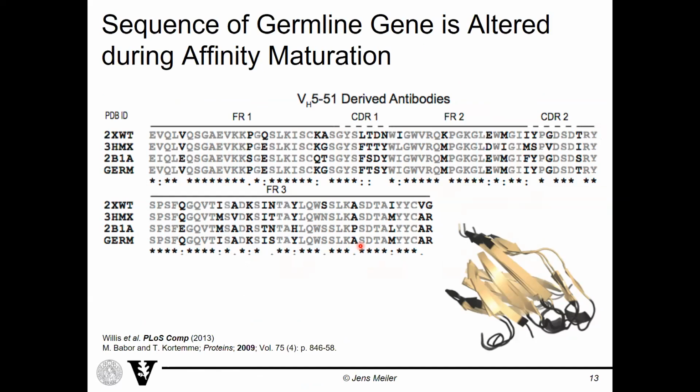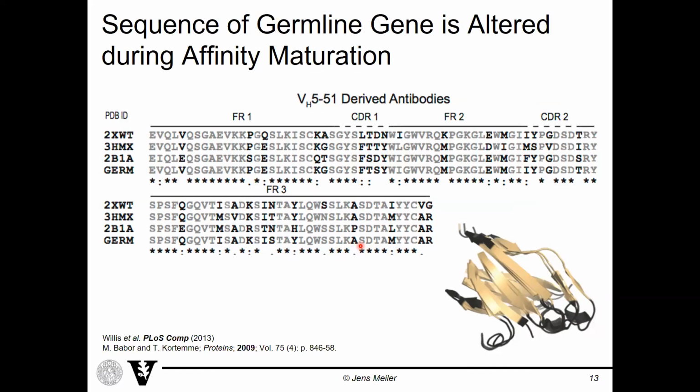So they started out with the same sequence, at least in the regions encoded by these genes. We were wondering what mutations this affinity maturation process added to improve the affinity, and we wanted to ask this question in a computational way.